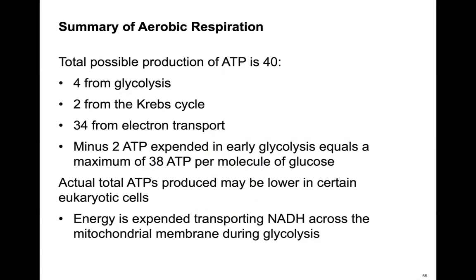The actual totals may be lower in certain eukaryotic cells because energy is spent in transporting NADH produced during glycolysis across the mitochondrial membrane. Certain aerobic bacteria come closest to achieving the full 38 ATPs because they lack mitochondria and, for that reason, do not have to use ATP to transport NADH across the outer mitochondrial membrane.